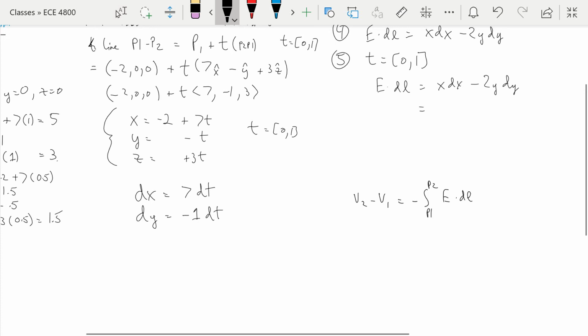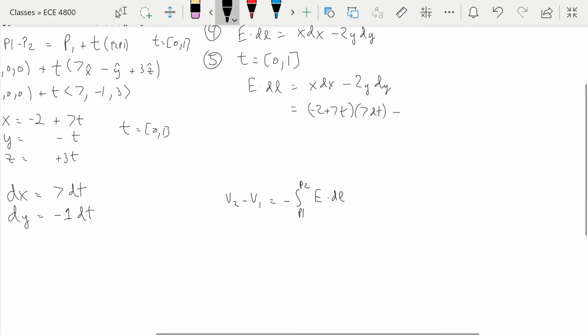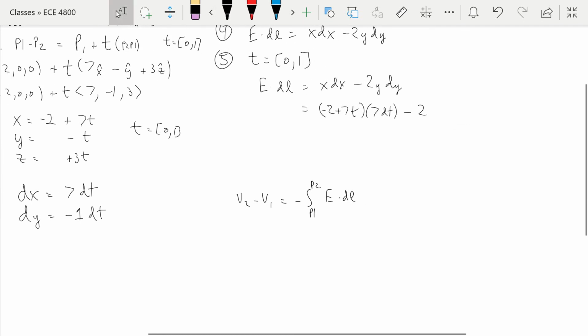We'll have negative 2 plus 7t, our dx is equal to 7 dt, minus 2, y is equal to negative t, and dy is equal to negative dt.